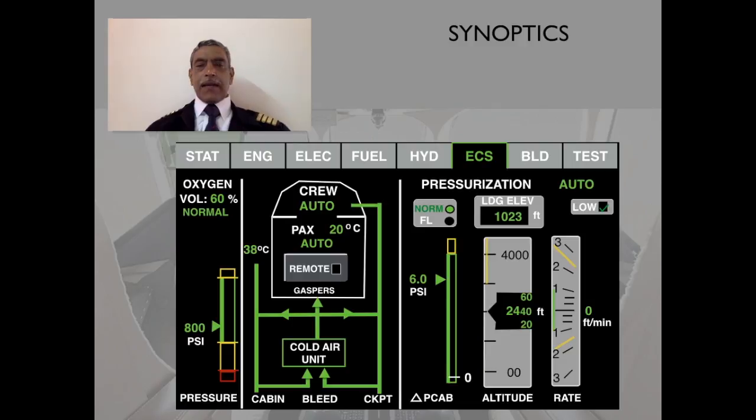There are several interactive possibilities which the pilot can control, especially in the pressurization mode, manual mode, and the auto mode. And as you can see, this picture itself is a little bit complicated, and we are going to learn this particular system in much greater detail when we come to it.